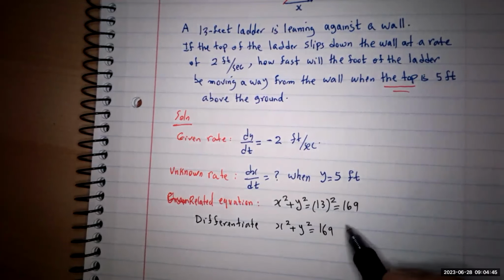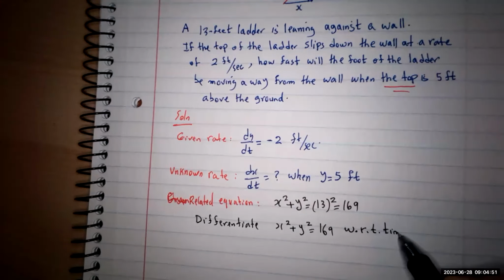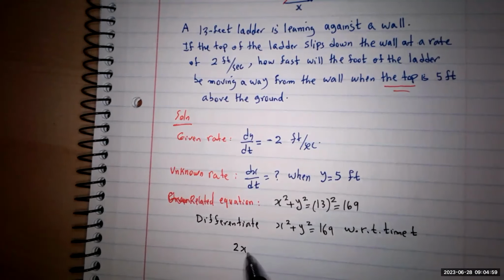Remind yourself that this is not an ordinary derivative; it is with respect to the time t. The derivative of x squared, by the power rule, gives 2x, but you have to multiply by the rate of x, dx/dt, because there is time inside the x. Plus the power rule for y squared gives 2y, multiplied by the rate of y.